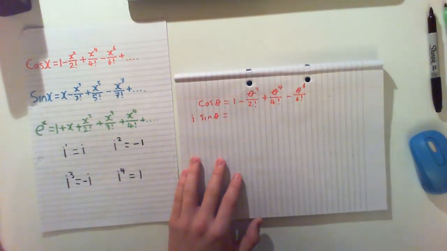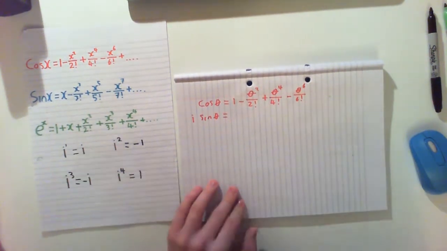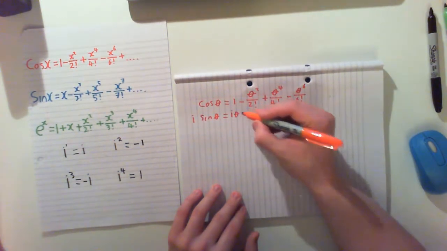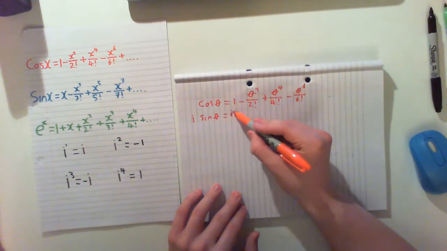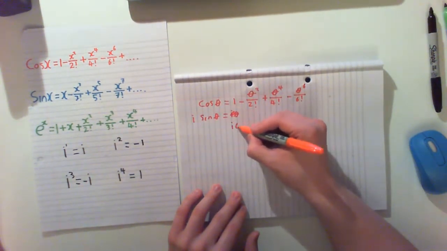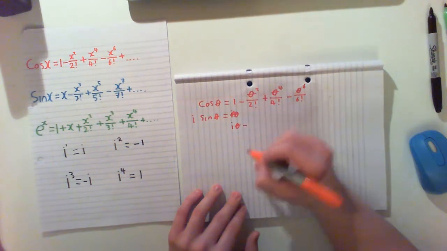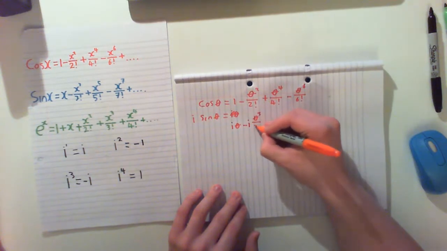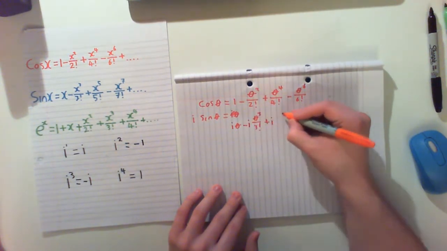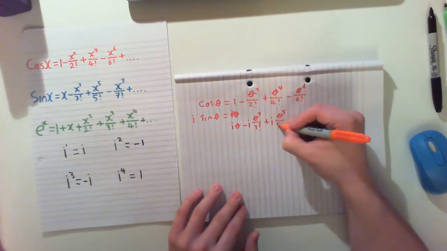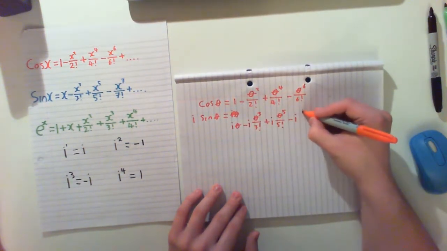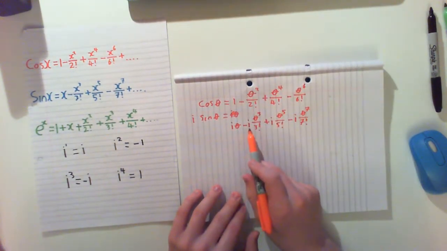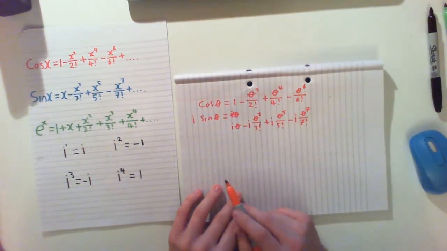So we're going to multiply each one of sine's terms by i. So we have i theta minus i theta cubed over 3 factorial plus i theta to the 5 over 5 factorial minus i theta to the 7 over 7 factorial, noticing that i's are in front of each of the individual terms.